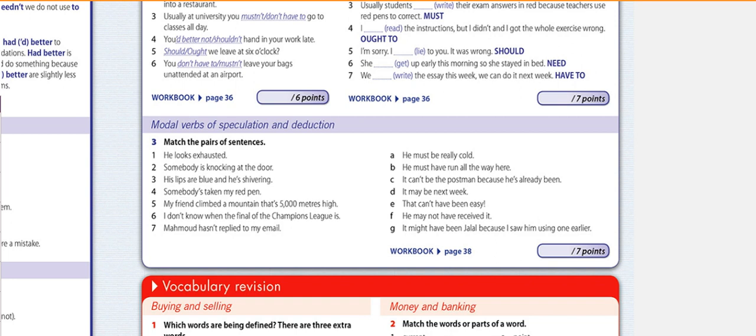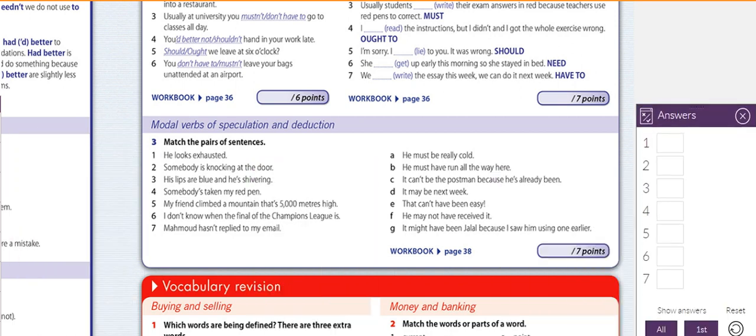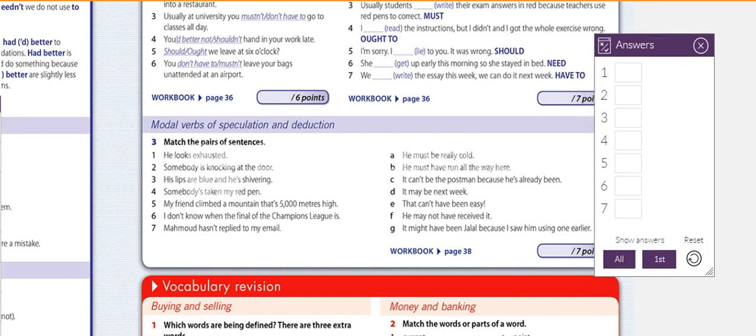Number 1: he looks exhausted. Yes, letter B. He must have run all the way here. This is the deduction. He must have run all the way here, so he looks exhausted.